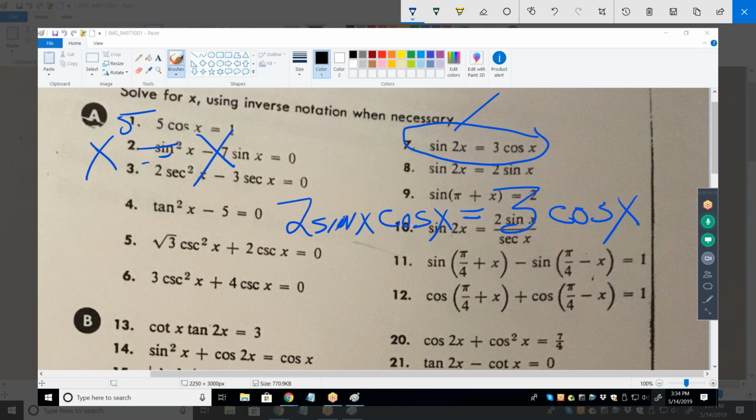If I have x to the 5th equals 6x, and you divide both sides by x, you get x to the 4th equals 6, but you lose the 0 solution.